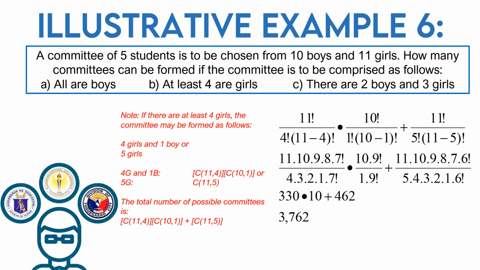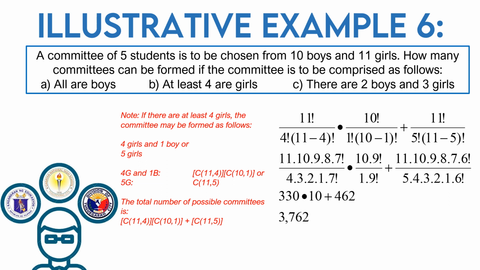Or that gives us 11 times 10 times 9 times 8 times 7 factorial all over 4 times 3 times 2 times 1 times 7 factorial, which gives us 330. We have 10 times 9 factorial all over 1 times 9 factorial, which gives us 10. And 11 times 10 times 9 times 8 times 7 times 6 factorial over 5 times 4 times 3 times 2 times 1 times 6 factorial gives us 462.